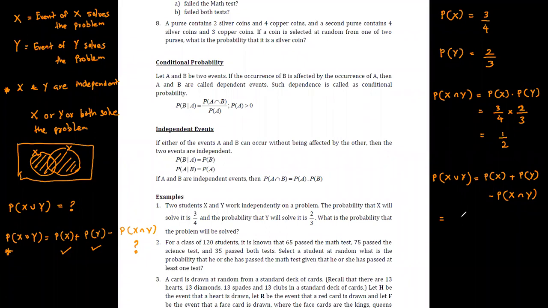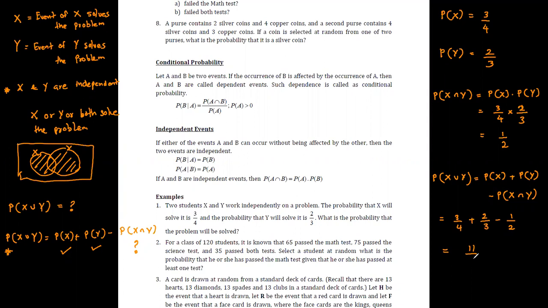Then we have to do the substitution. It is 3 over 4 plus 2 over 3 minus 1 over 2. If you perform the calculation, 3 over 4 plus 2 over 3 minus half gives you the value as 11 divided by 12.